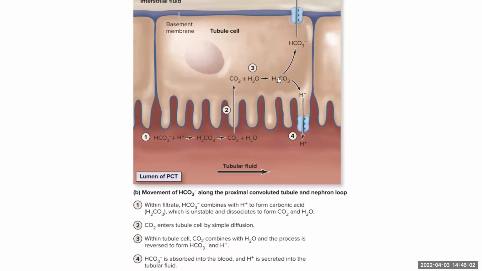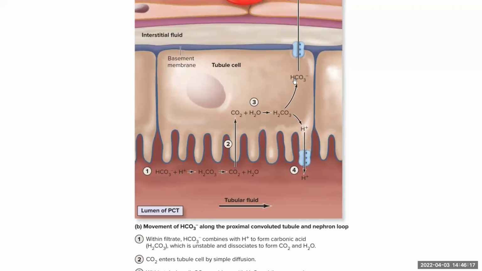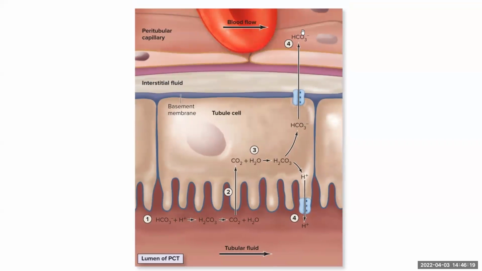And so it turns into bicarbonate once again, and a hydrogen ion. The cell quickly offloads that hydrogen ion back into the tubular fluid, whereas the bicarbonate goes back into the blood, so it can do its buffering thing.